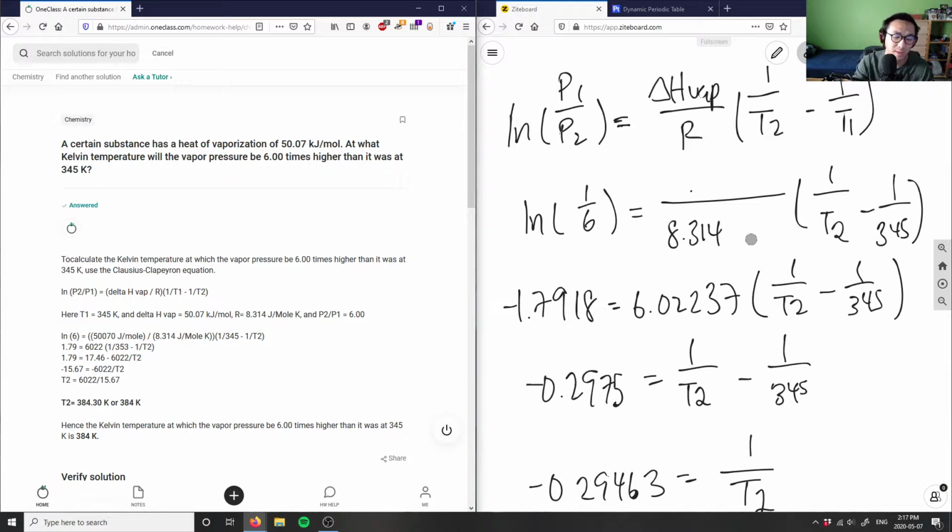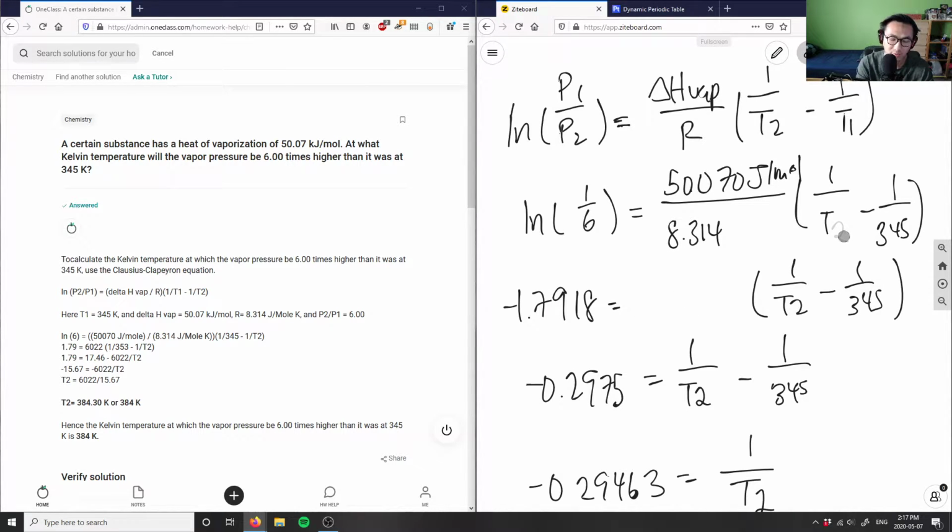So 50.07 times 1,000 would give me my joules from kilojoules. Sorry about that, folks. This is 50,070, so this will be joules per mole now, and this will give us our good units. That's my fault for not using units here.